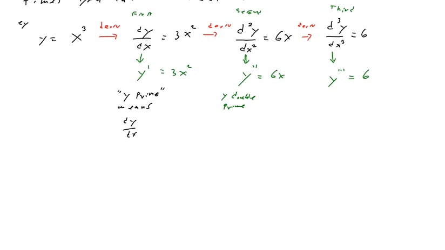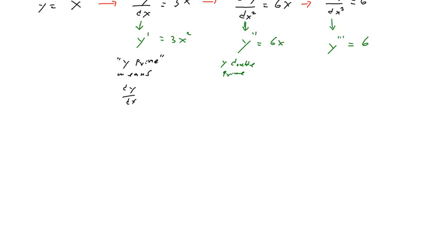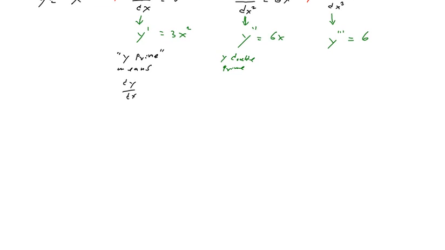That's what we do. So now that we have this symbology, we're going to find a second derivative of an implicit differentiation.